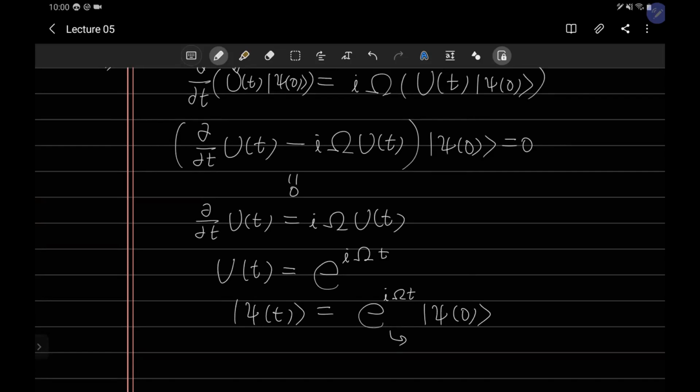And also another important property of this part is that as long as the omega is a Hermitian operator, then this exponential form is actually a unitary operator. And that's why we are using the notation u to imply that this part is always unitary.